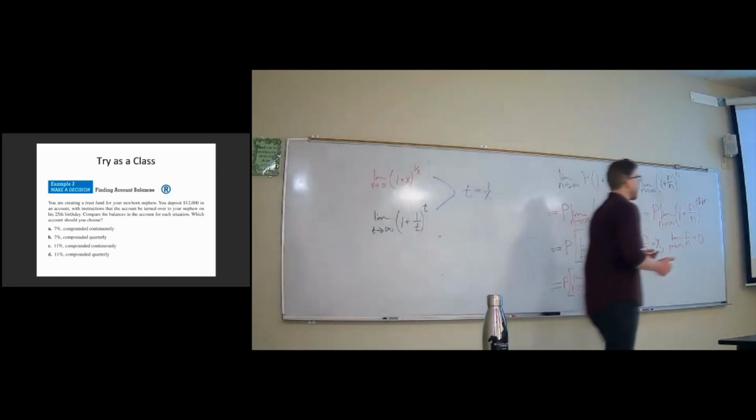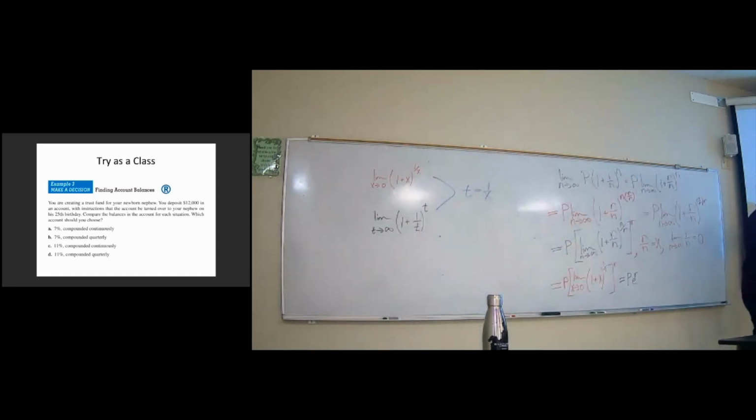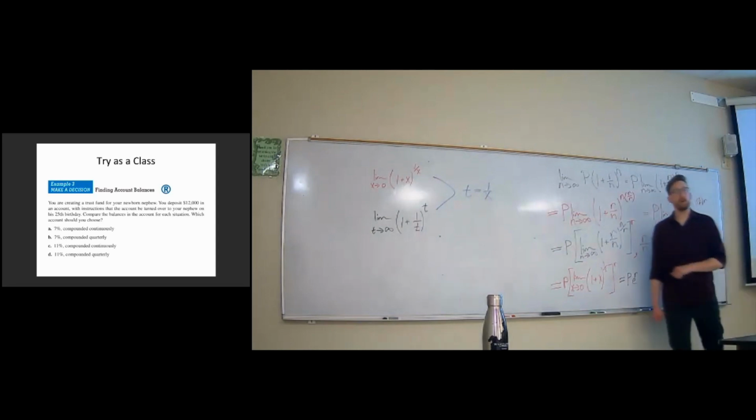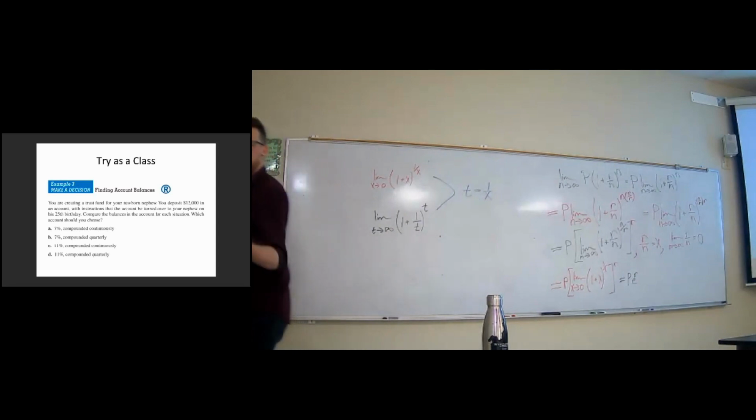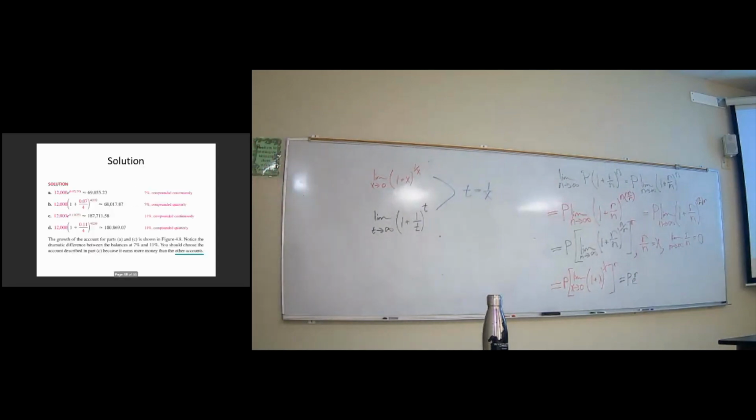And you're trying to figure out which one of these four possibilities is best, which account, which setup is going to work out best for, in this case, your nephew. Because we just saw the different formulas, I'm just going to jump right to this problem and show the solutions.